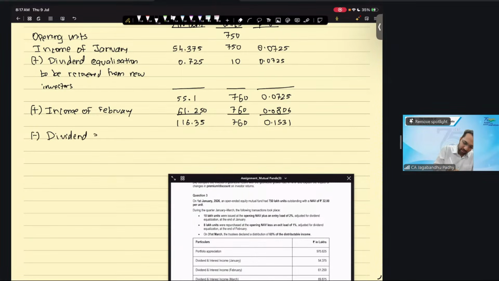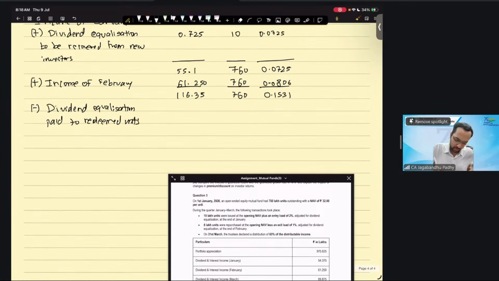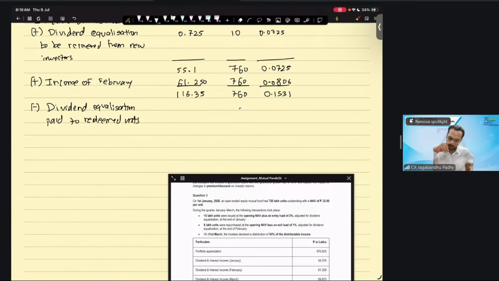less dividend equalization paid to redeemed units. So we are redeeming 8 lakh units. And how much are we going to pay them on a per unit basis?